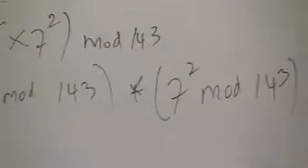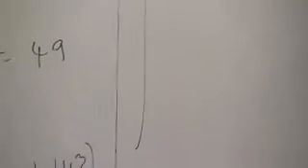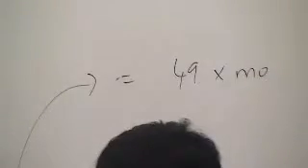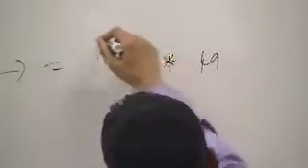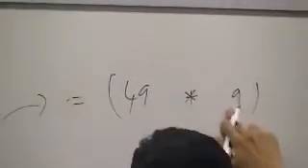So this is going to be what? 7 square mod 143 is 49. So 49 times 49 mod 143.